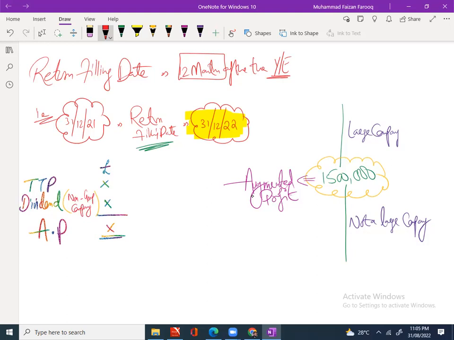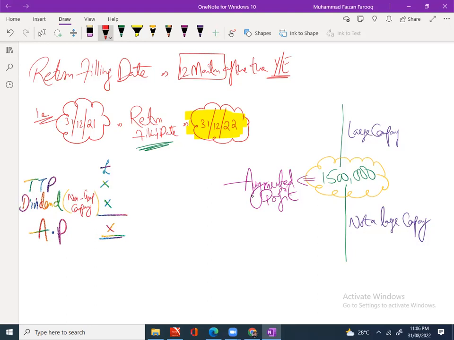If we are getting dividend from non-group companies, this dividend is added to TTP and the answer will be AP. Augmented profit has nothing to do with the calculation of corporation tax liability. Corporation tax liability at 19% will only apply on TTP.